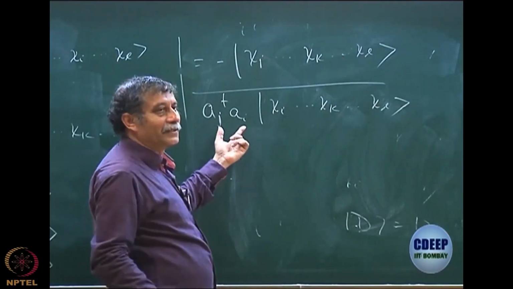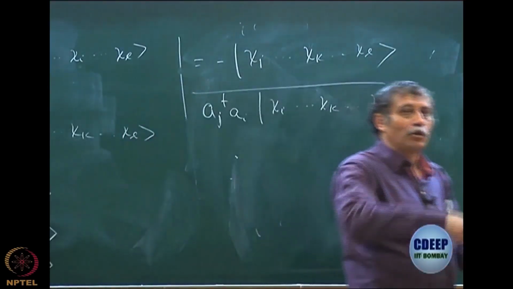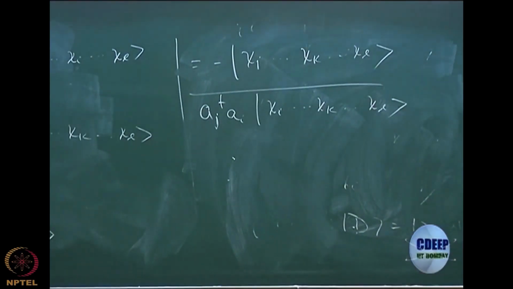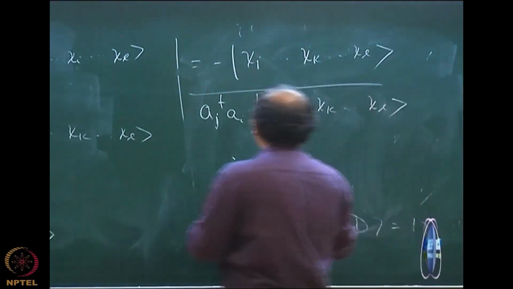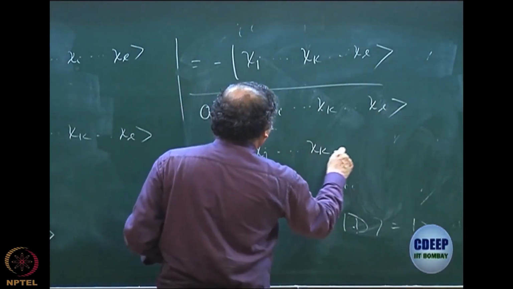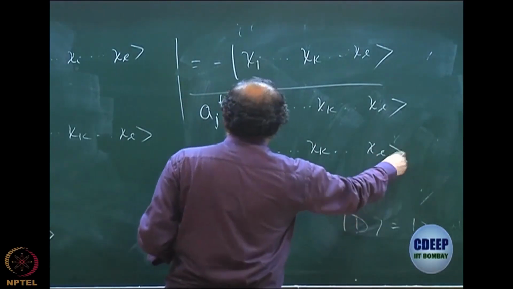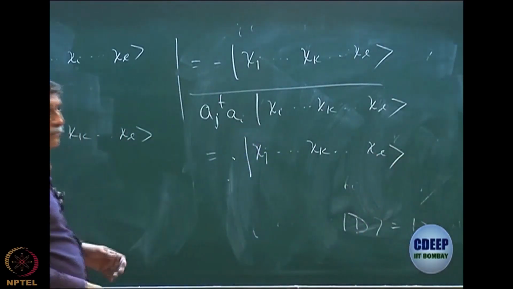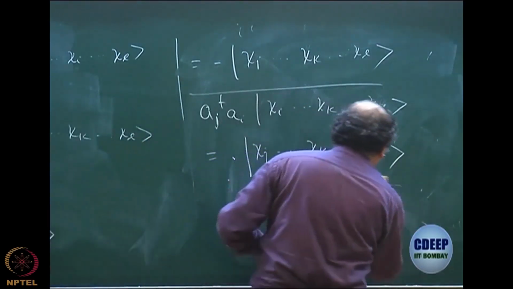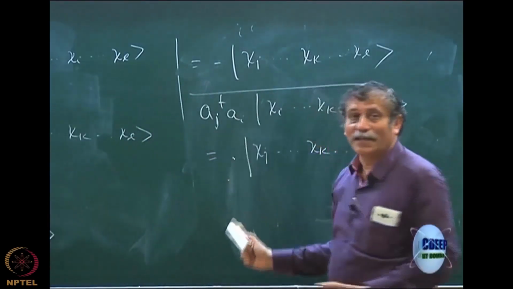This is very easy. If you first annihilate and create, all you do is create in that place. By interchanging you can easily show this. So, this now becomes chi j, chi k, chi l, exactly like this determinant, but without the negative sign.